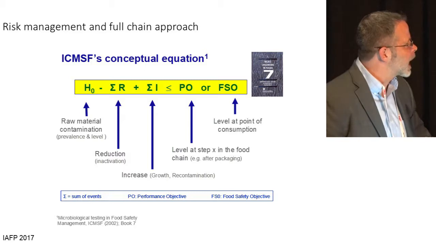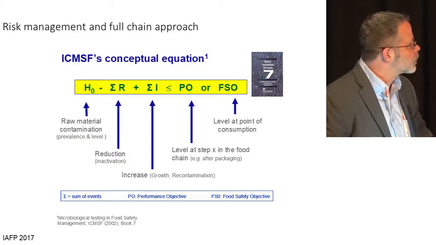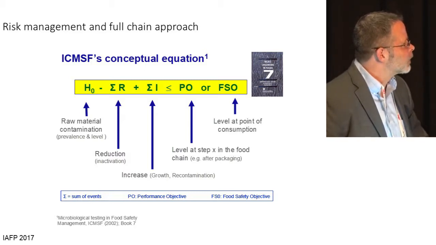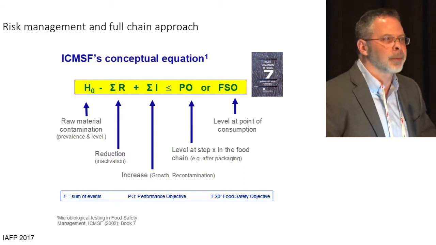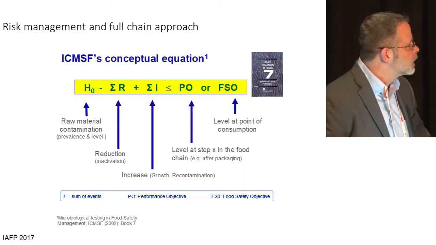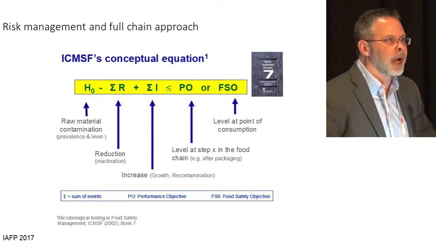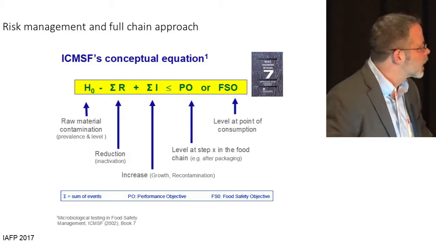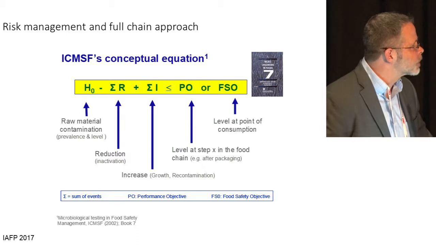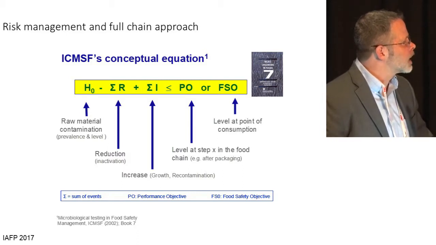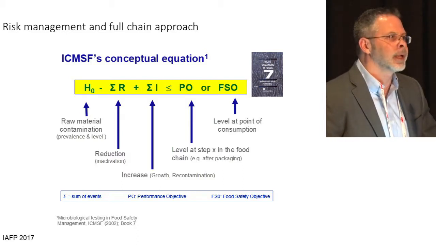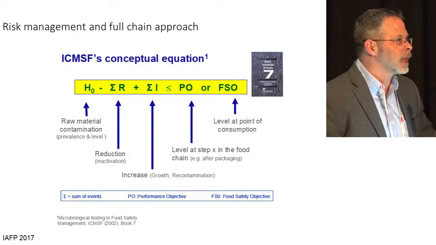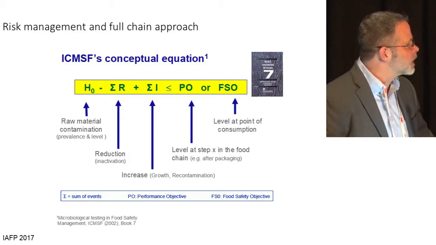So first of all, we look at the initial levels in the raw material, minus the sum of all the steps in our process that can reduce that level, plus all of the things in the process that can increase the level. That could be the environment, that could be growth during processing or storage or distribution. Those all need to be less than what I've established as my target or my objective in the finished product.